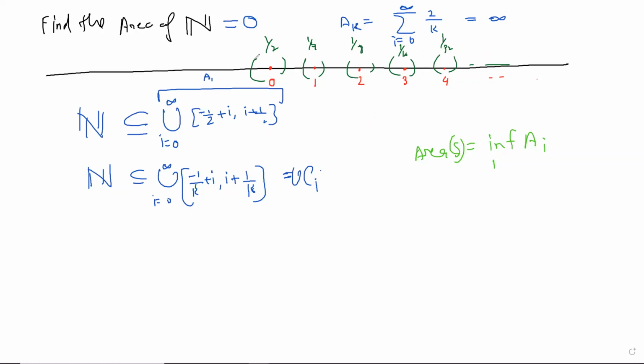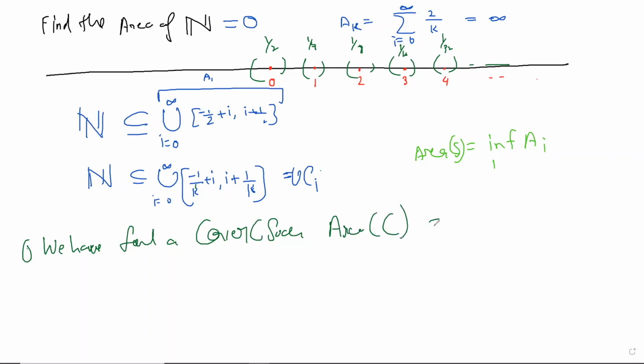Let me write that clearly. We have found a cover C such that the area of the cover is equal to 1, and obviously C contains the naturals.